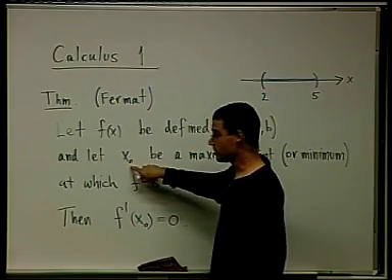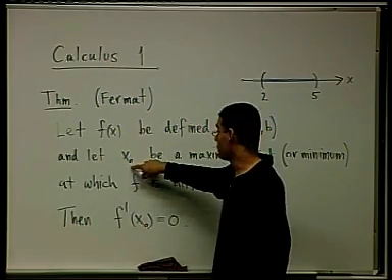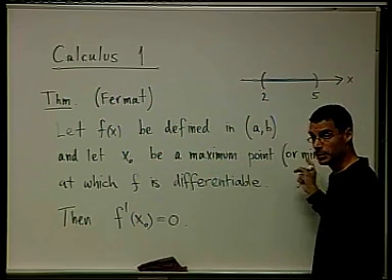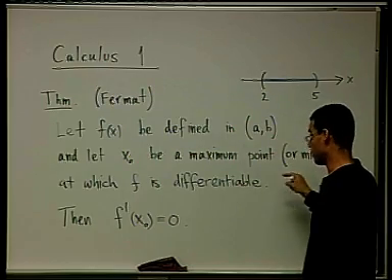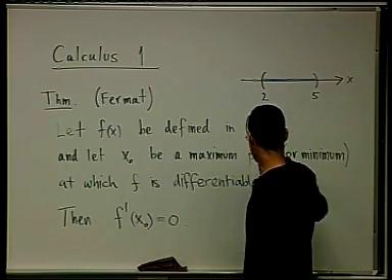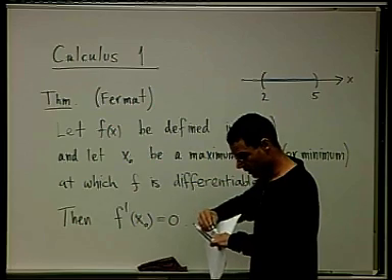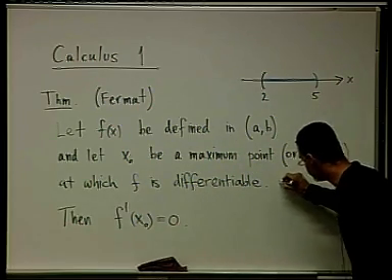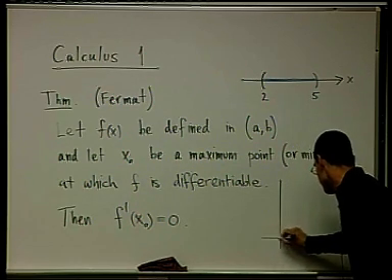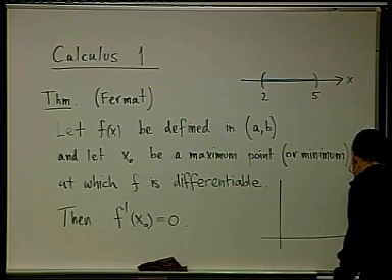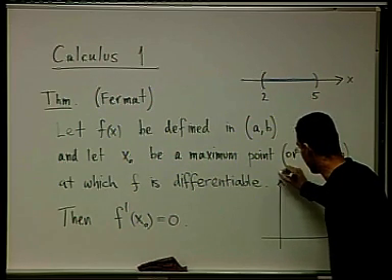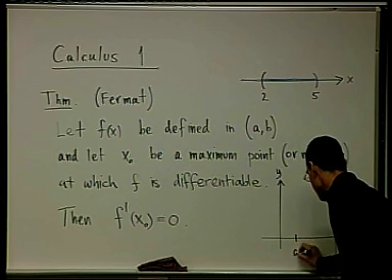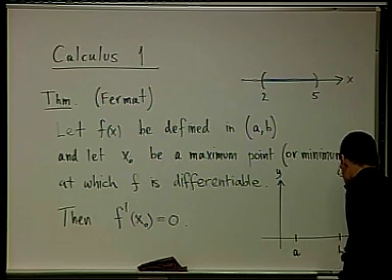And let x0, so this is just some point in the interval, be a maximum point or minimum, so the theorem works for both, a maximum point or minimum. So what's a maximum point? Let's do another drawing here, maybe down here. So here's the x-axis, and here's the y-axis. And let's say this is the point a, and this is the point b.